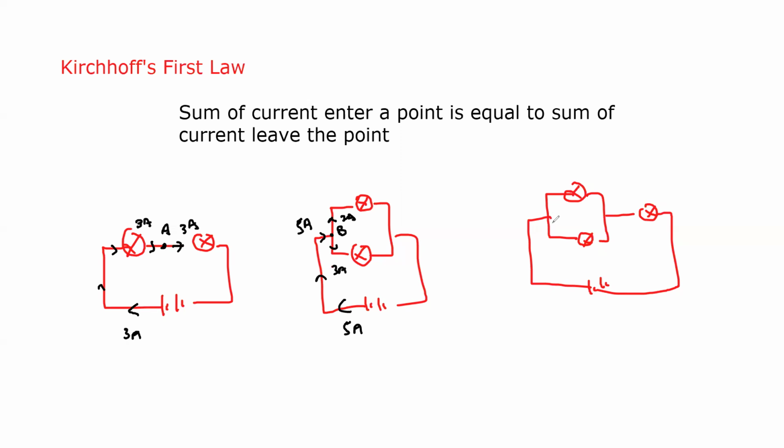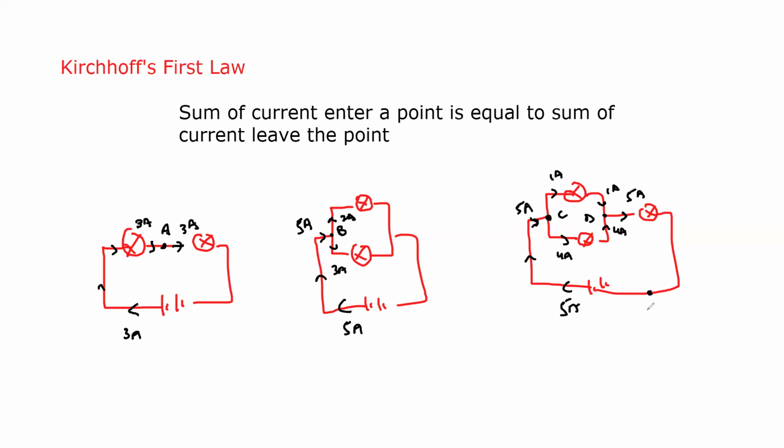Same way, if we take point C here, say 5 ampere current from the battery is divided into 1 ampere and 4 ampere. So the total current entering that point is 5 ampere, and the total current leaving the point is also 5 ampere. Same thing if we take point D: 1 ampere and 4 ampere enter, so the total is 5, and what leaves is also 5.